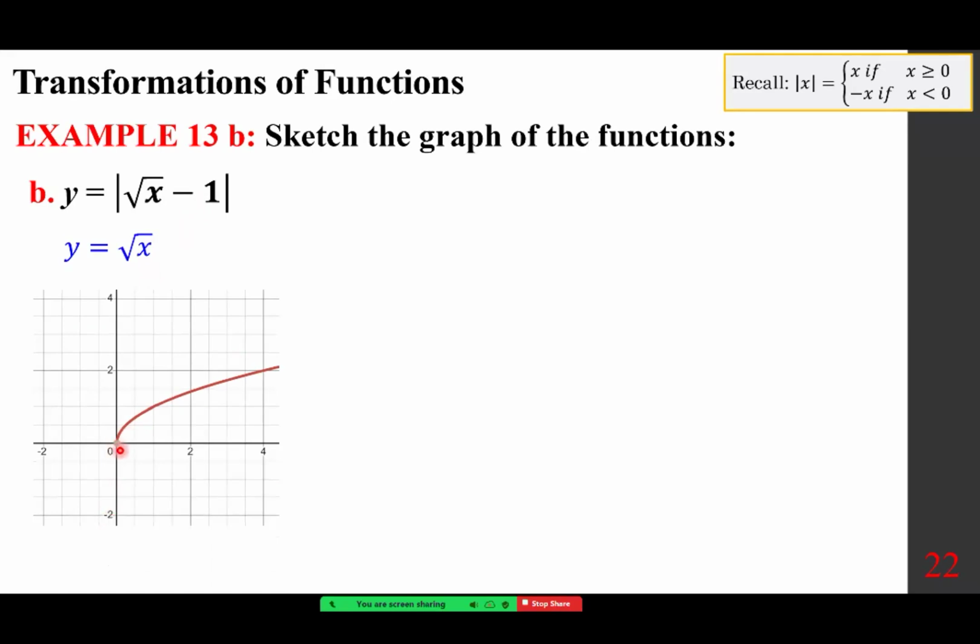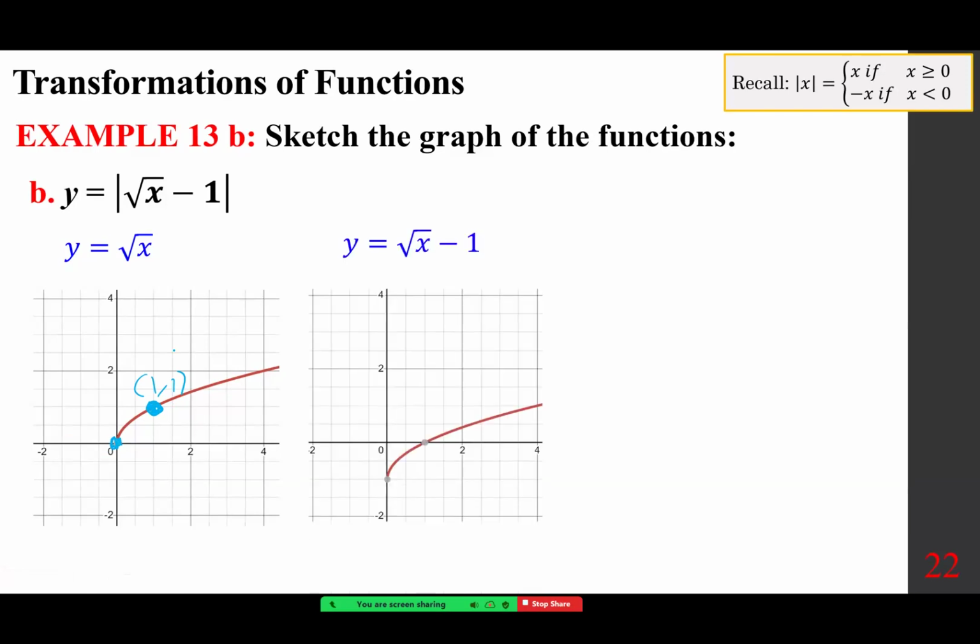This is 0, 0. Let's just use a different color. Okay, so this color. So this is 0, 0 clearly. This is 1, 1, right, everybody? Bring it down by 1 unit. y equals square root of x minus 1, shifted down by 1.